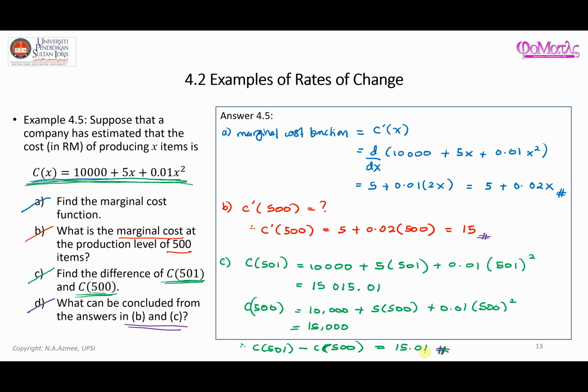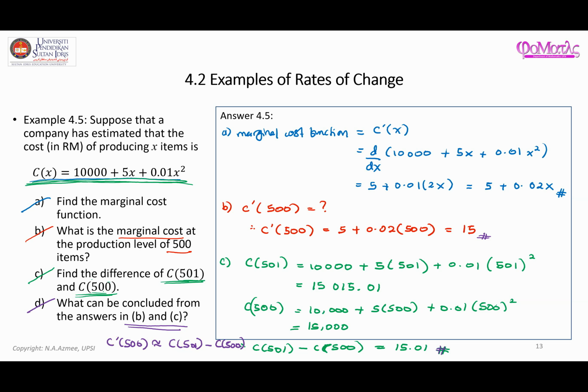One is 15 and this one is 15.01. So maybe I can say that C'(500) is approximately the same answer as C(501) minus C(500).